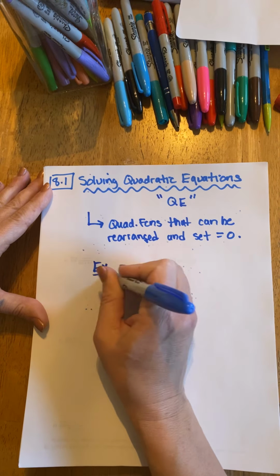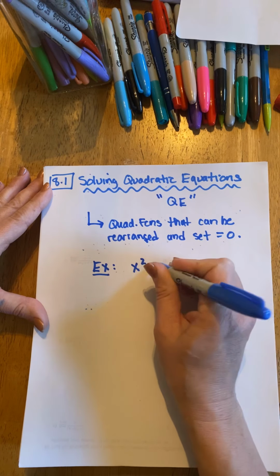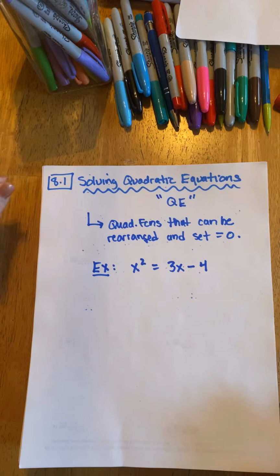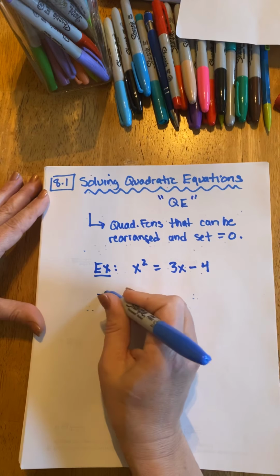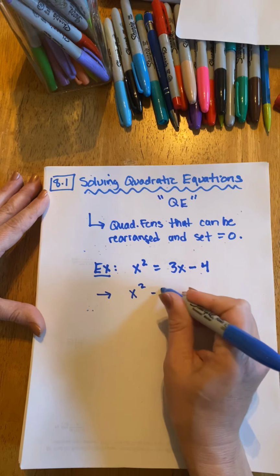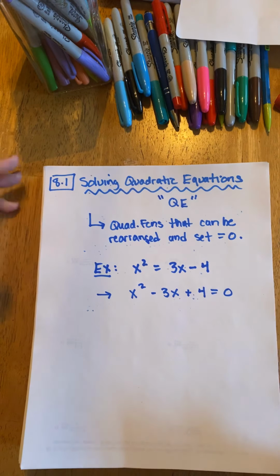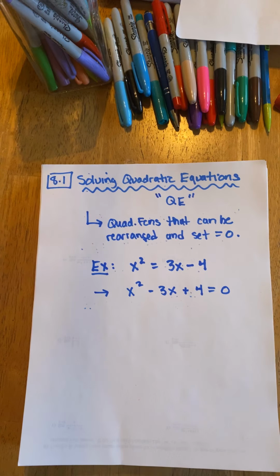So let's suppose I had something like this: x squared equals 3x minus 4. That's an example of a quadratic equation. We can rearrange it by subtracting the 3x and adding the 4 to each side, creating what we call a quadratic equation. And our goal, again, is to solve these and find solutions that make this a true equation.